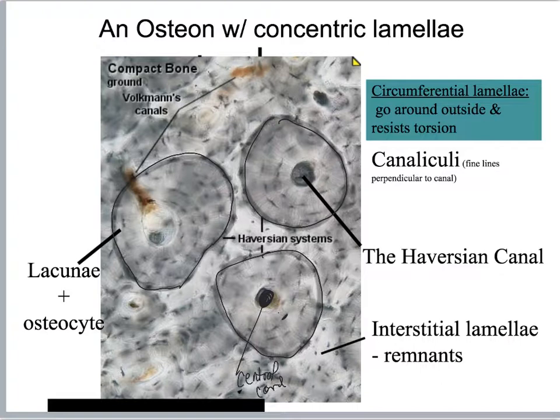You just have to know that there's both an osteocyte and a lacuna right there. So if I come here and I kind of draw these in, well, then I can kind of see where my lamellae are. So here's a lamella in between the rows of the osteocytes.